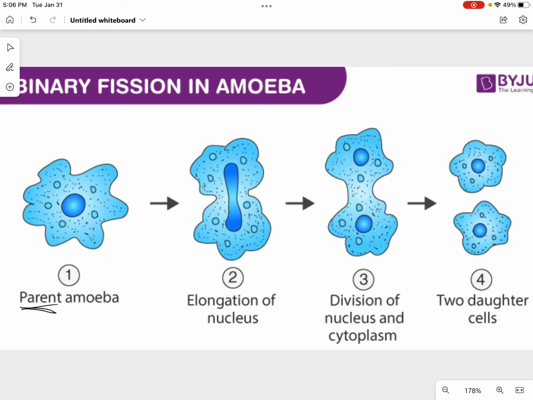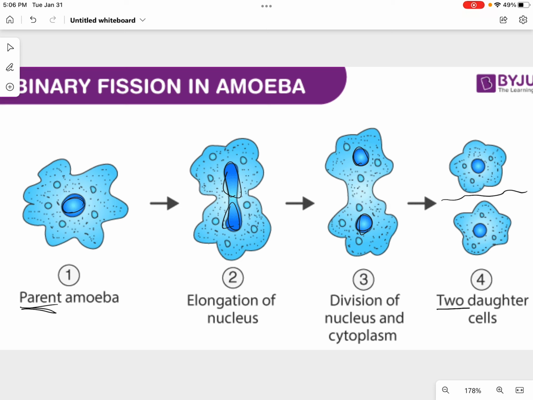You see your genetic material here in the middle. It starts by duplicating, and then it elongates and it separates into two separate nuclei. And then finally, you get your cytokinesis, and those two cells are free to move away from each other.